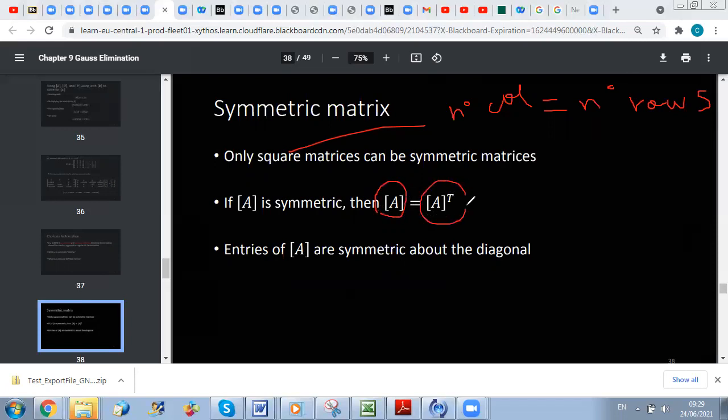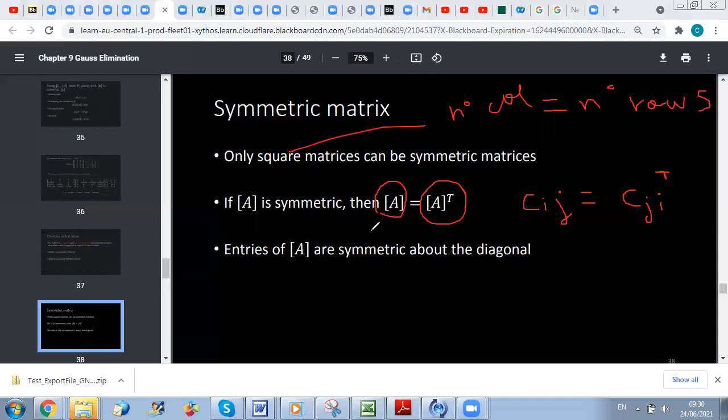Last time we defined what is the transpose of a matrix. Any element Cij should be equal to the element Cji of the transpose. In other terms, we switch rows and columns.